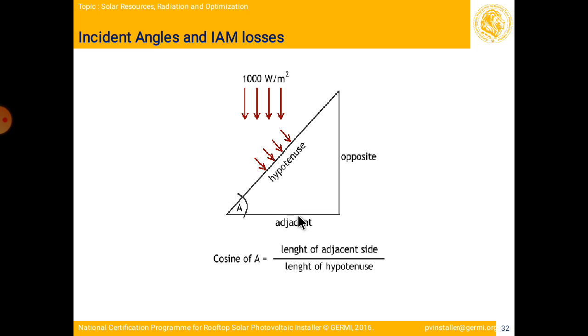If you draw a line from the solar PV panel over here, this will be the adjacent side, and this is the length of the hypotenuse, and it will give the cosine of the angle. From that cosine angle we can find the incident angle, or the IAM losses of a particular solar PV module.